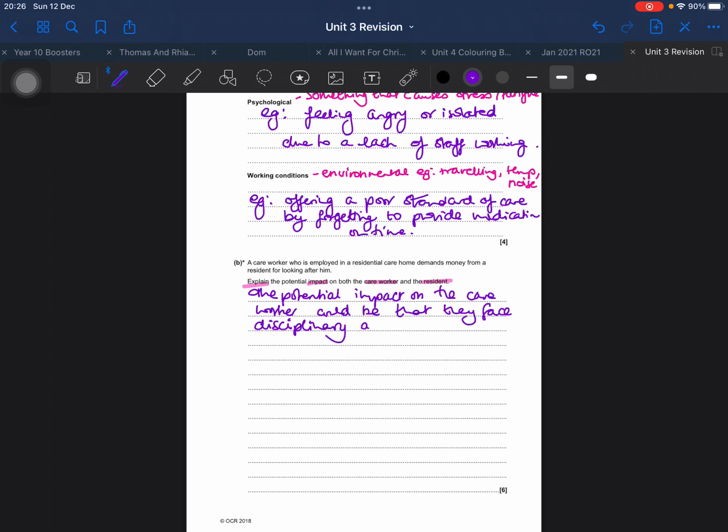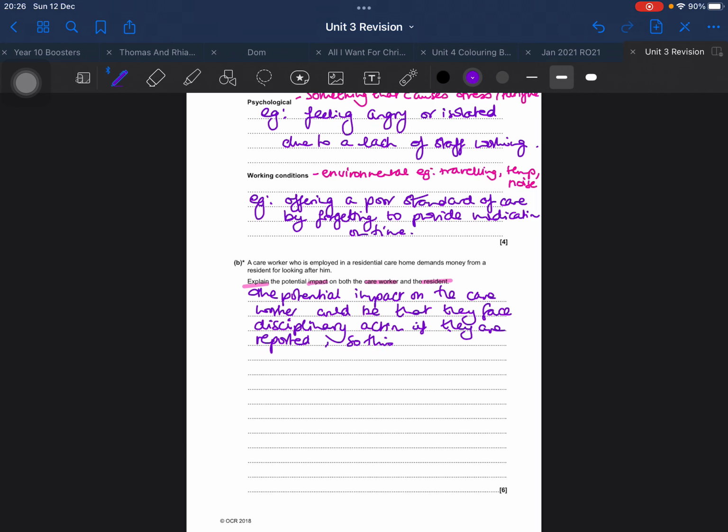Disciplinary action if they are reported, and ultimately that could lead to them losing their job, and it could even lead to prosecution and even to imprisonment.